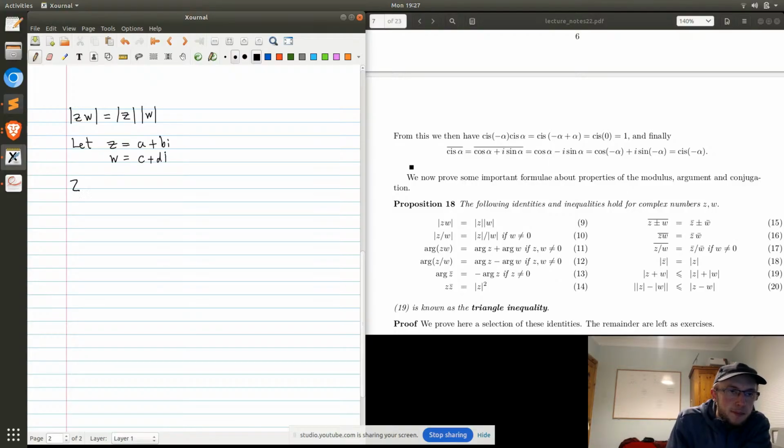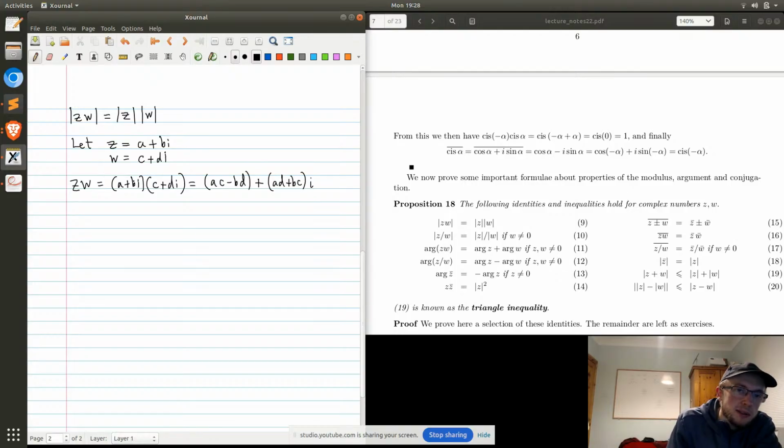And then let's multiply them together and see what that looks like. So what actually is that? Okay, so the real part is ac minus bd. And then the imaginary part is ad plus bc.